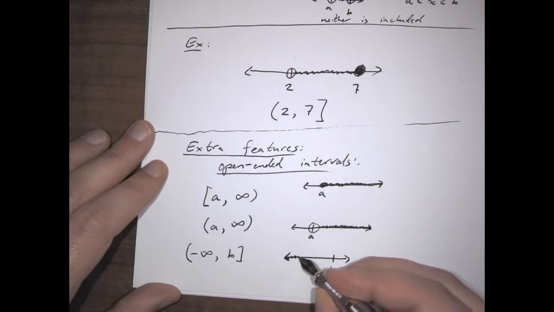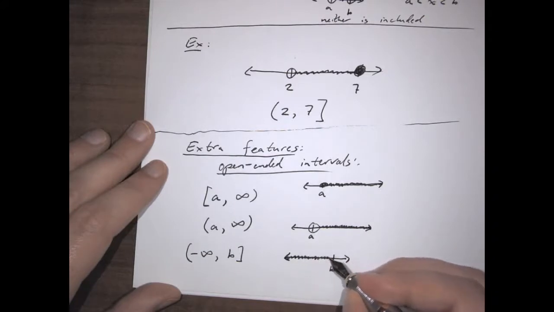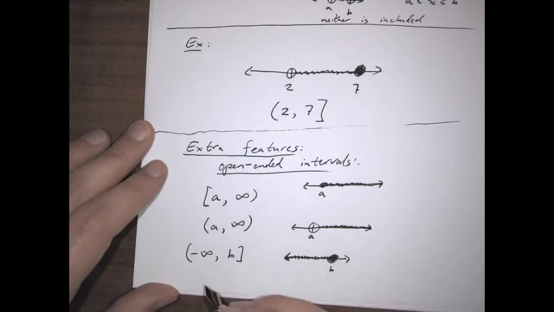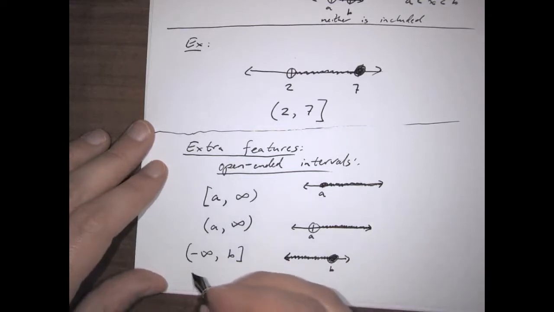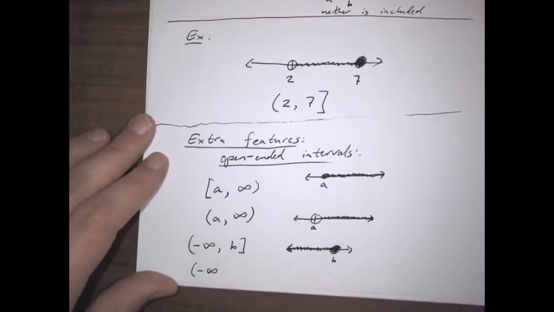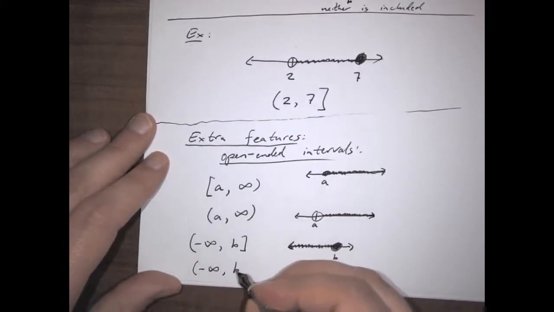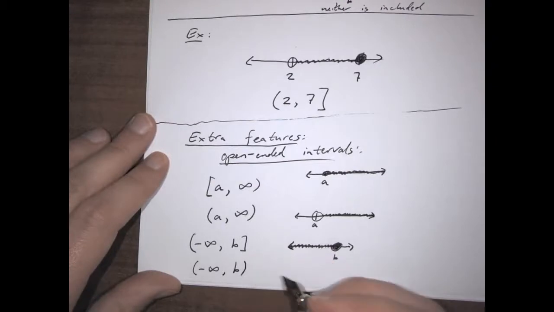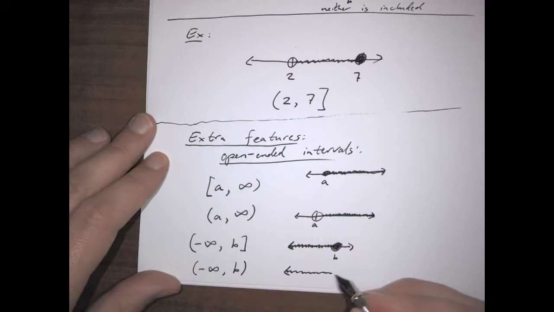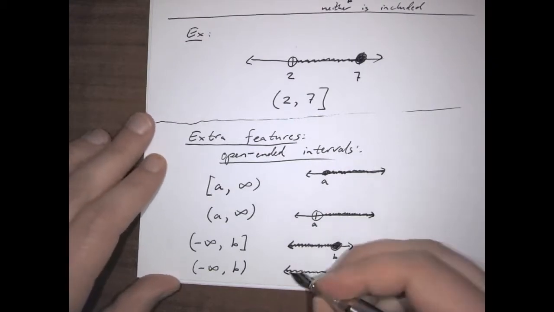And what that's going to indicate is it is everything to the left of B and B. And then lastly, negative infinity to B with a parenthesis. And that would mean everything up to B, but not included.